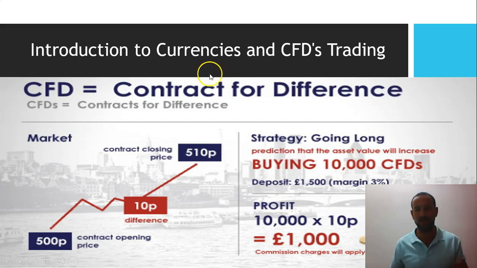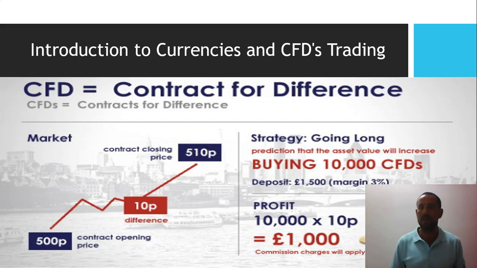In that sense, you can look at the example we have here. So let's say you were buying an asset that was priced at 500 and it was going up. You were buying it, it was going up by, let's say, 10 points. And at 510, you decided to sell the asset. What you would be profiting is the difference, what we call the delta, between your buying price and your selling price, without actually holding the asset physically.